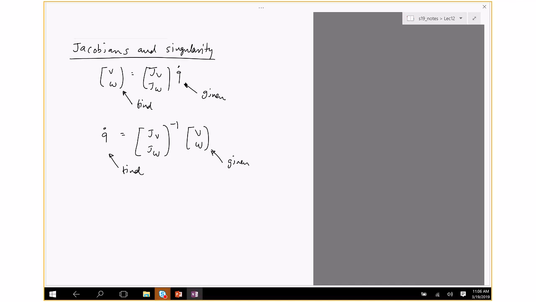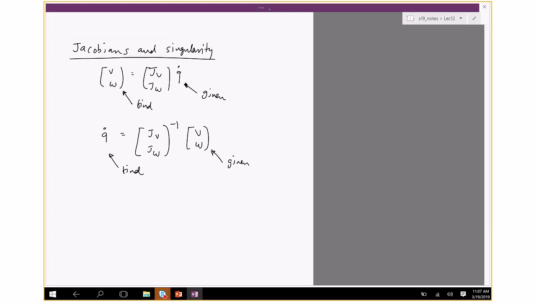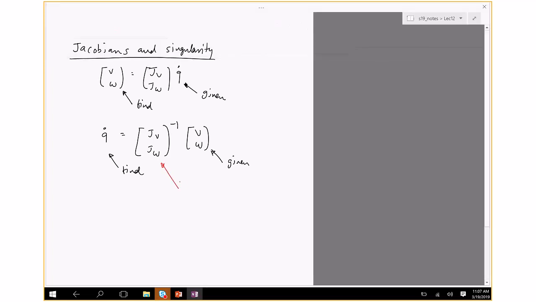That's the inverse problem, right? Sometimes you want the manipulator to reach this particular table at a certain speed. You want to find how fast the joints should move, and that formula will help you do that. The issue is, what if the inverse does not exist?